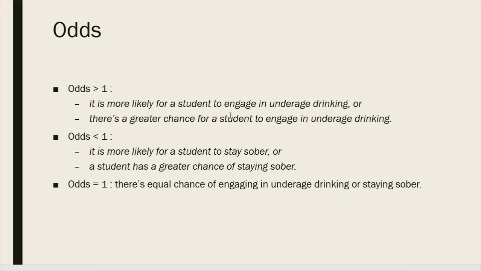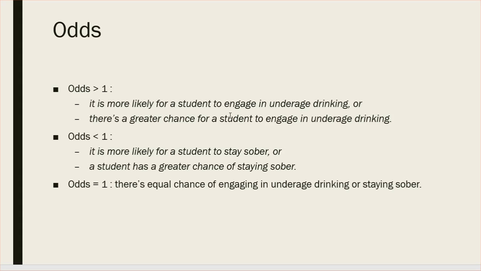So, when the odds are greater than 1, it means that it is more likely for students to engage in underage drinking. Or odds greater than 1 can also mean that there's a greater chance for a student to engage in underage drinking in a particular school. If the odds is less than 1, it means it is more likely for a student to stay sober in that school.